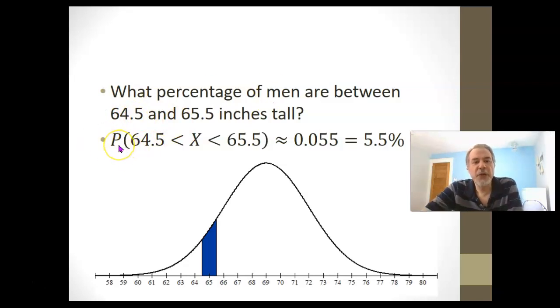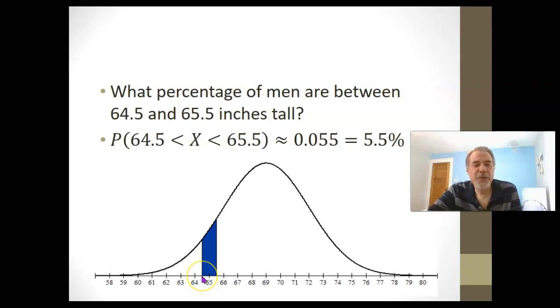So this would mean either what's the probability of a randomly selected man being between 64.5 and 65.5 inches tall, or what proportion or what percentage of all men are between 64.5 and 65.5 inches tall. And the answer to that question corresponds to the area of this blue shaded region.